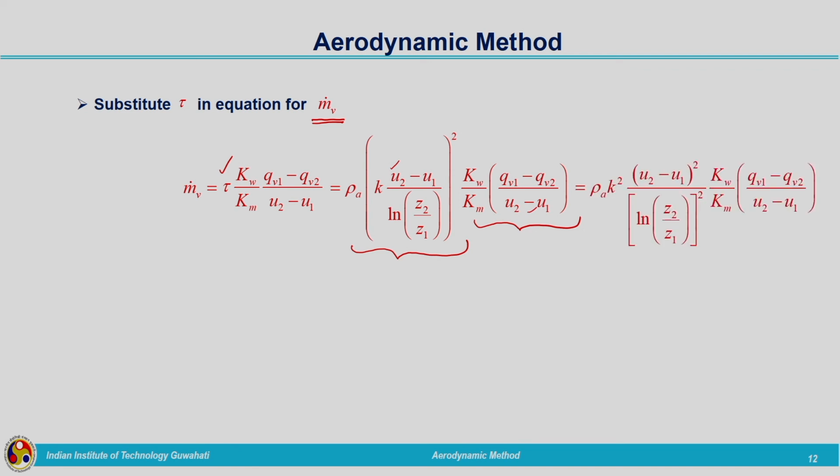So, it will be rho a k square u2 minus u1 all square divided by ln z2 by z1 all square, kW divided by km, qv1 minus qv2 divided by u2 minus u1.